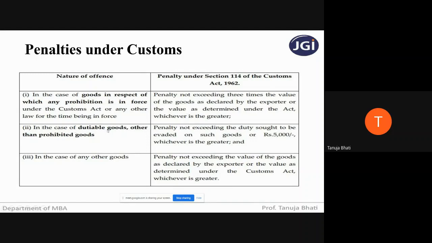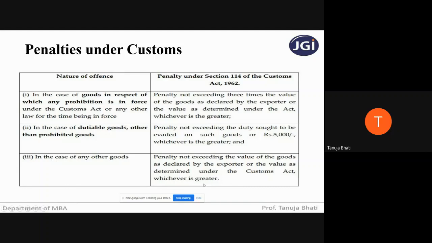Suppose in case of dutiable goods other than prohibited goods, then the penalty not exceeding the duty sought to be evaded on such goods or 5,000, whichever is greater. And in the case of any other goods, the penalty not exceeding the value of the goods as declared by the exporter or the value determined by the Customs Act, whichever is greater.